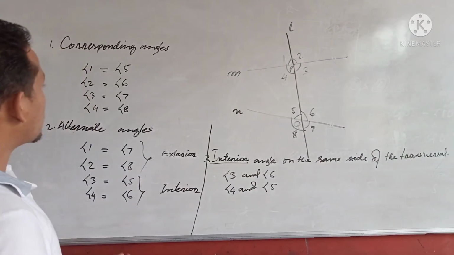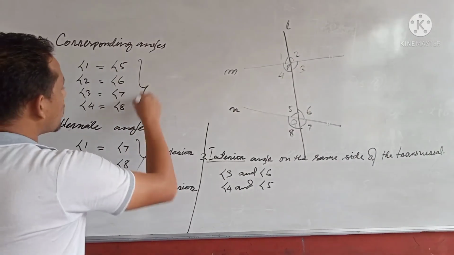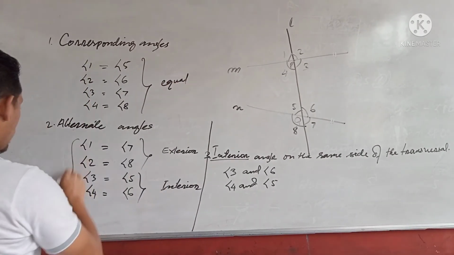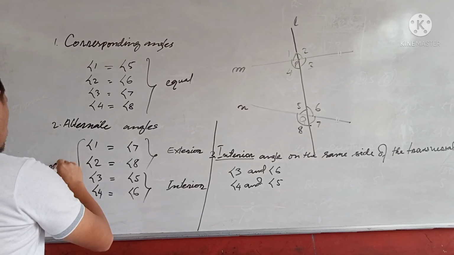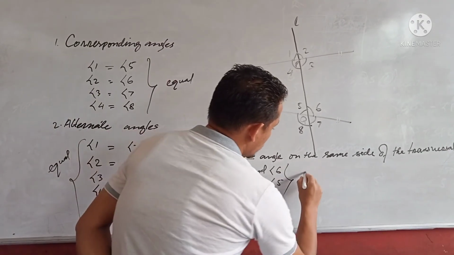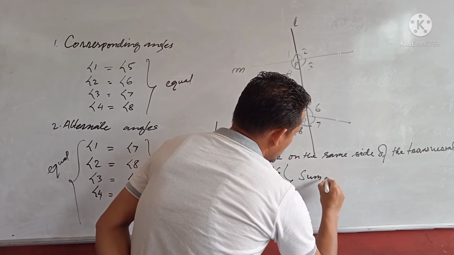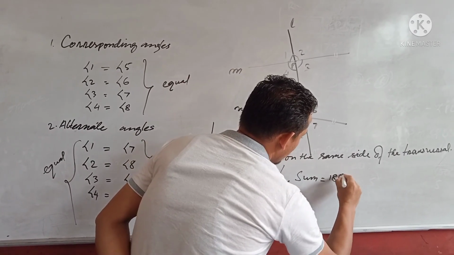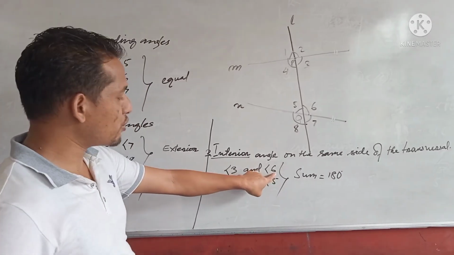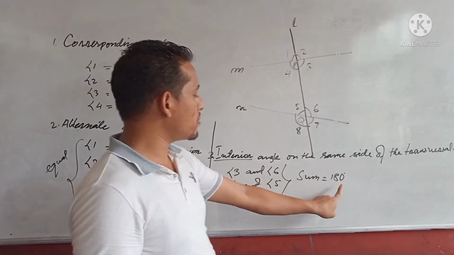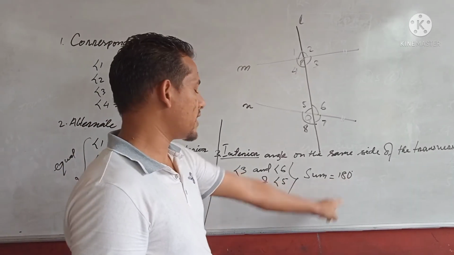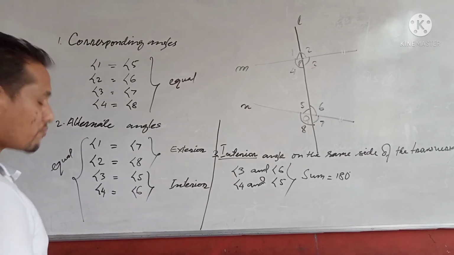That means in the first two, the angles are always equal, but here the sum equals 180. Angle 3 and 6 together, if we add, their values should be 180 degrees. Again 4 and 5, their values should be 180 degrees. So that is the difference, don't forget.